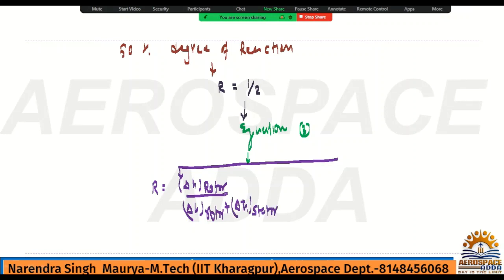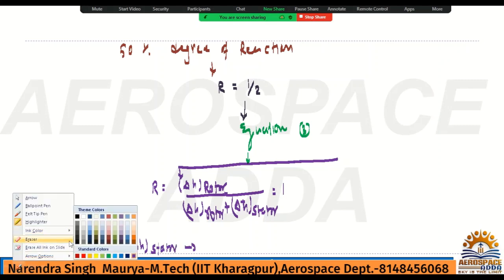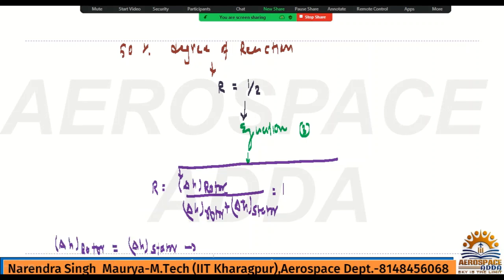It's your choice what you want to write. Okay, so if it is 1 by 2, then what is the meaning of it? Its meaning is, check, delta H in rotor, whatever the drop of enthalpy in rotor, is equal to drop of enthalpy in stator. What is the meaning of it? Its meaning is very clear. It is the equal contribution in expansion. Okay, so both components are having expansion.